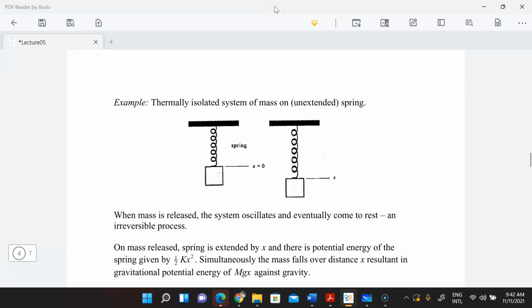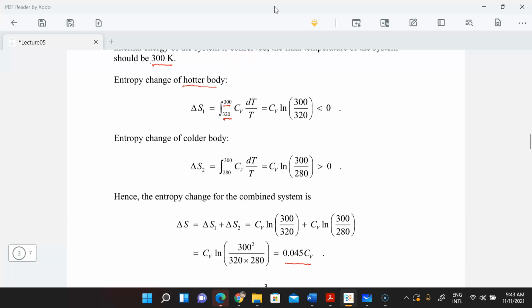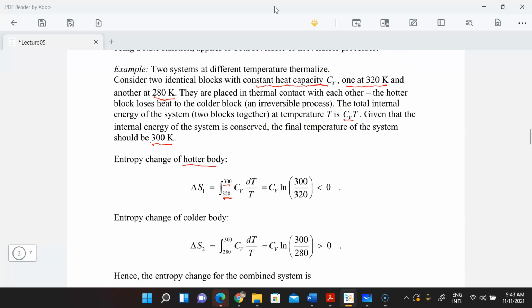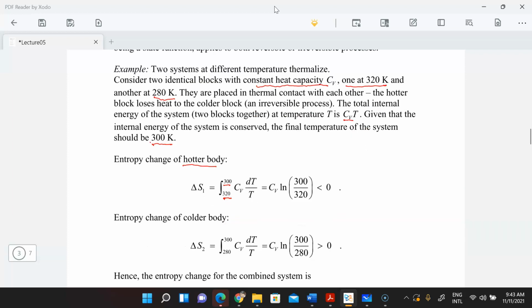Where's my cursor here? So there will be an extension due to the weight of the mass. How we calculate in this particular case is, remember, this is unlike the one above, where one looks for, say, the internal energy given by the heat capacity times the temperature.